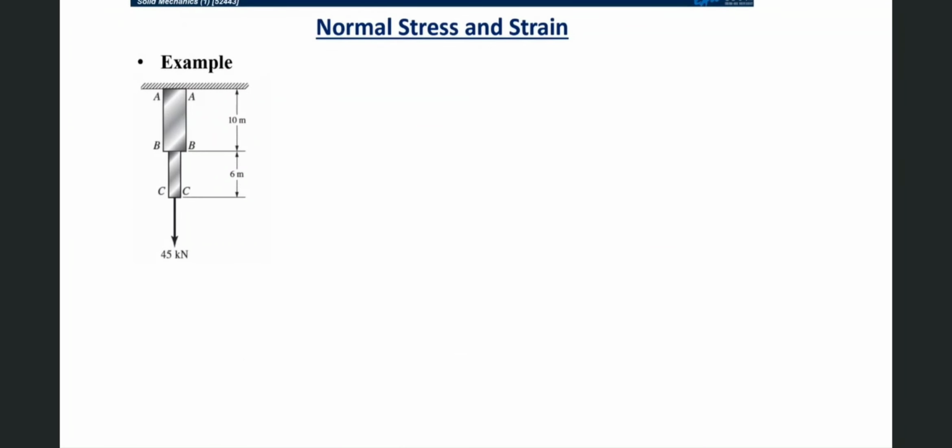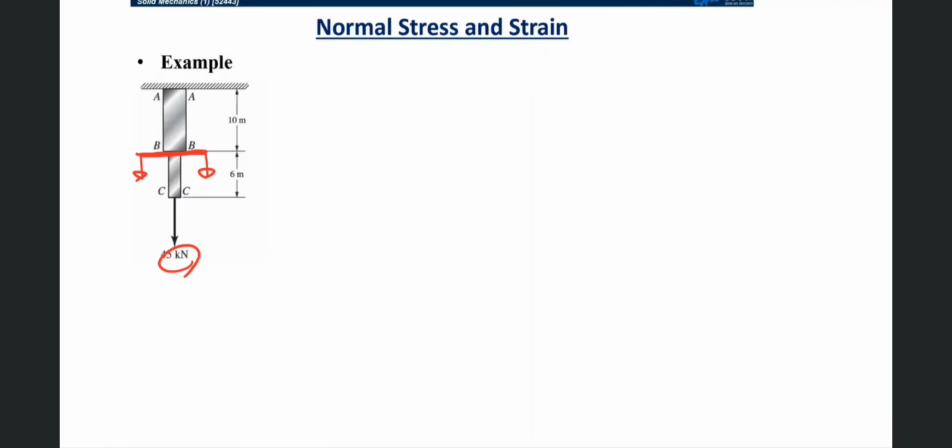The maximum stress in the brass bar occurs just below the junction at section BB. Therefore, the vertical normal stress is caused by the combined effect of the 45 kilonewton external load together with the weight of the entire brass bar below BB.